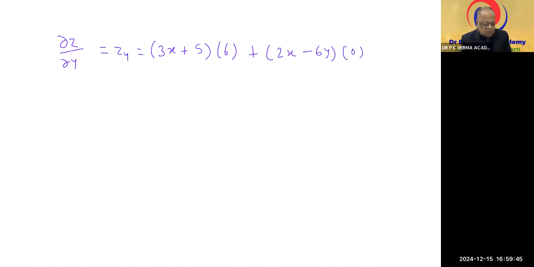Why has it become so? First term zy: 3x plus 5 and 2x plus 6y. So 2x will become 0 and 6y will be only 6, y equal to 1.